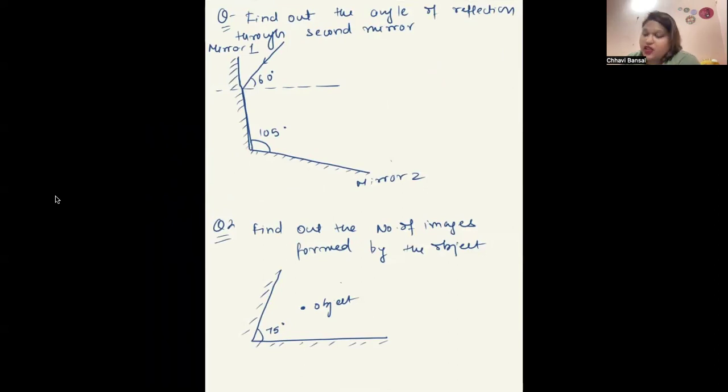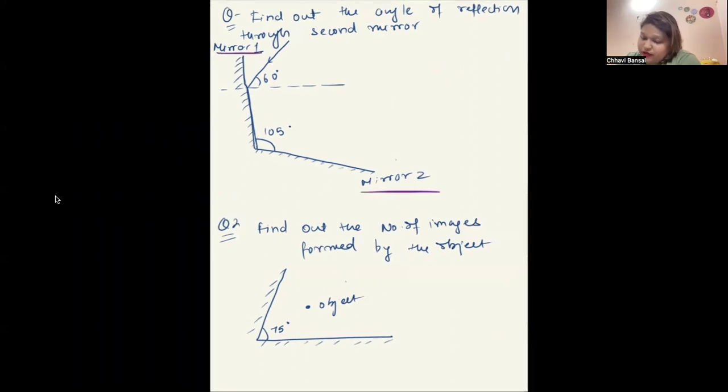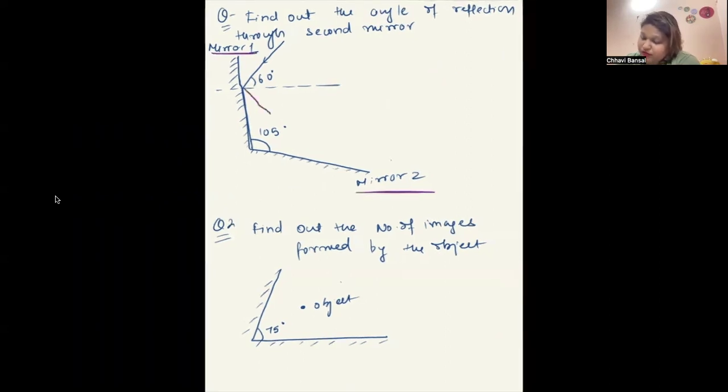So the first question is, find out the angle of reflection through the second mirror. So this is the first mirror, this is the second mirror. If I extend this ray till here, it should get reflected in this way, right? And this will be the normal, correct? Now we have to find this angle R. How can we do it?